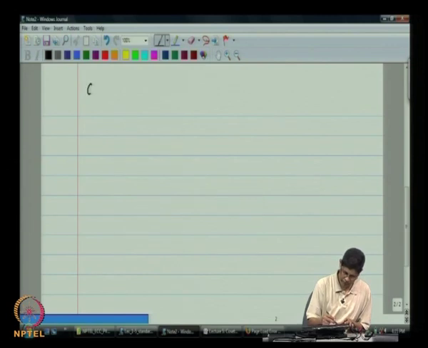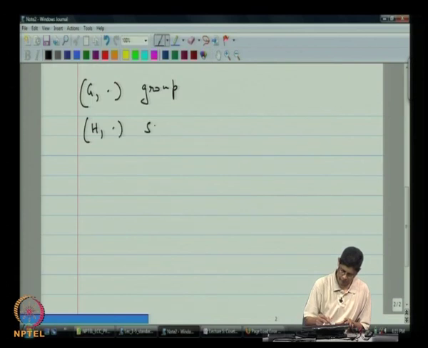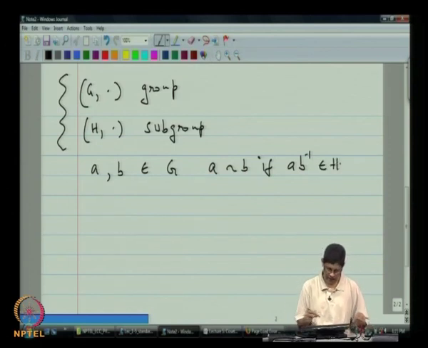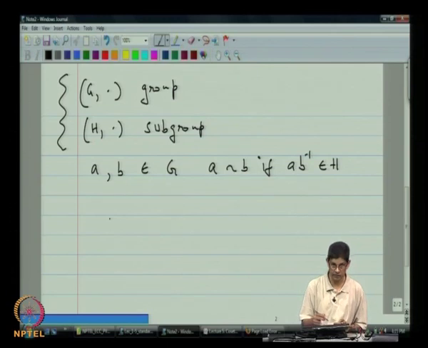We had a group G, and then we had a subgroup H, and we defined an equivalence relationship on the group by saying that if A, B are in G, then A is equivalent to B if A B inverse is in H, and we saw last time that this is an equivalence relationship.